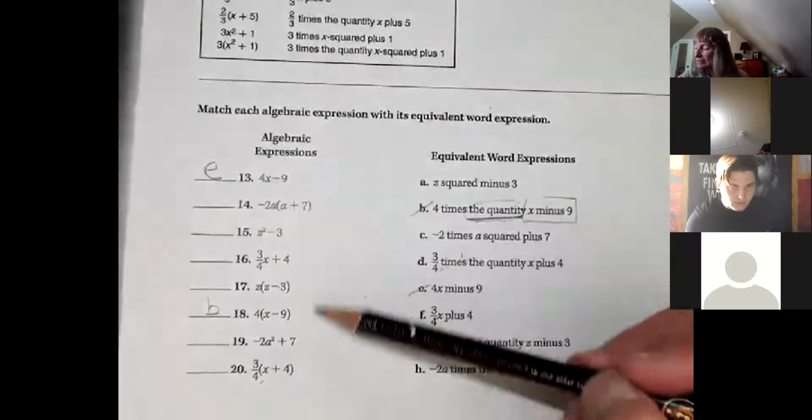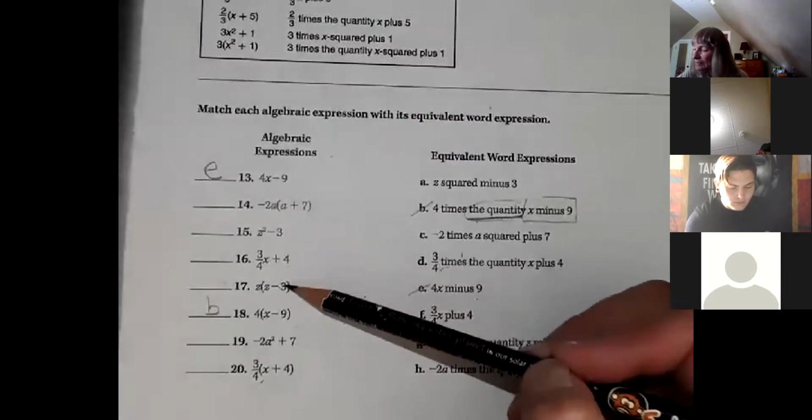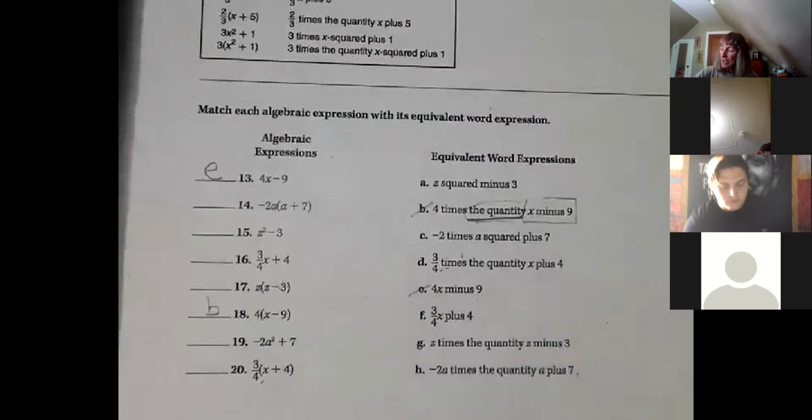Looking at this list, I see a couple other things that have numbers in parentheses. And so you should be looking for the word the quantity to match up with these ones in parentheses. I'm going to let you work for a couple minutes.